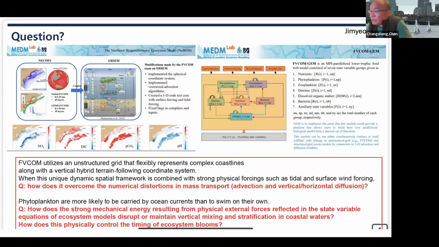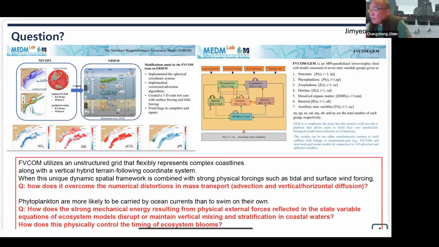Because if you look at the ecosystem model, you have advection inside the model, you have vertical diffusion. All of the biological variables can be advected, also mixed vertically, right? Also vertically advected, right? So then you have physical mixing, and the variables also get mixed.